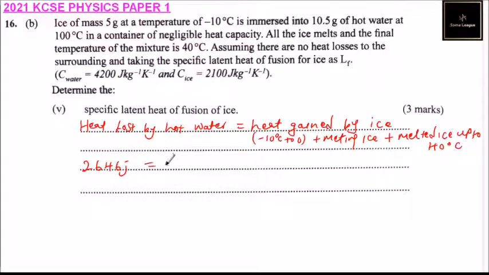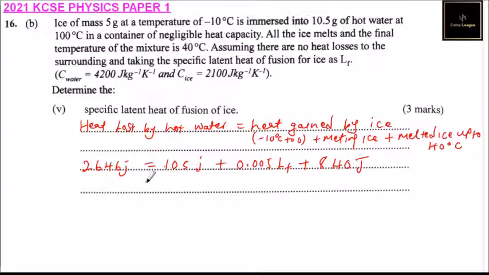It is equals to heat gained by ice: 105 joules, plus the heat of melting ice, which is 0.005 multiplied by LF, the latent heat of fusion of ice, and you add the heat gained by the melted ice from 0 to 40 degrees, which is 840 joules.